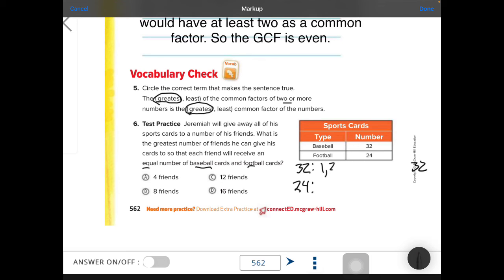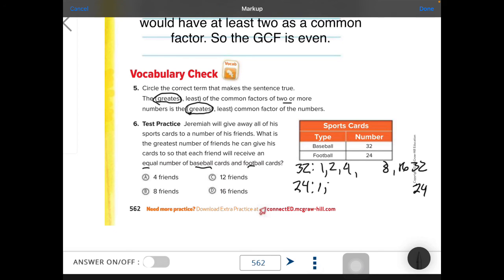1 and 32. 2 and 16. 3 won't go into it. 4, 8. 5, nope. Those are our factors. So 24.